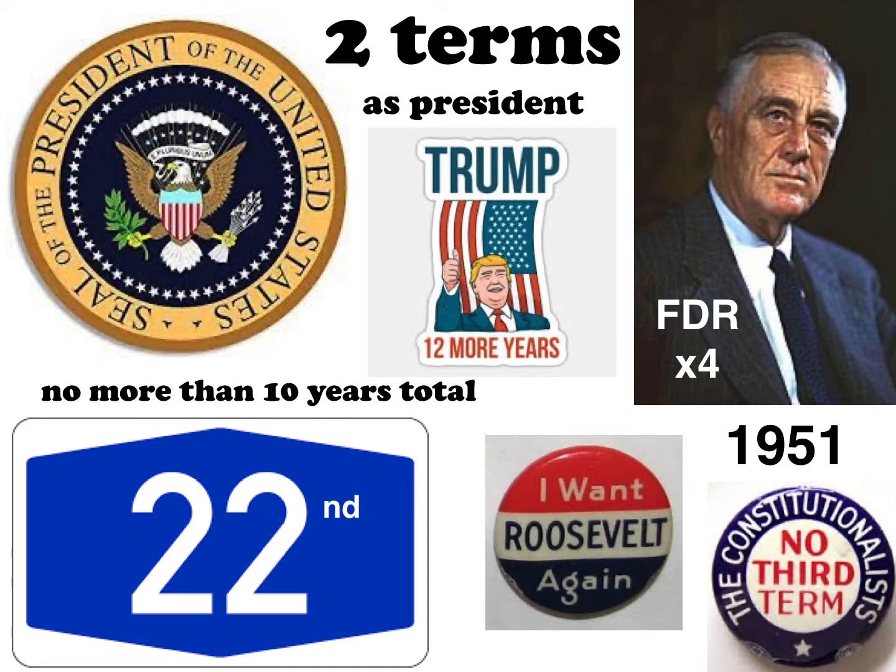But if you add it up any other way and it is greater than 10, then you can't do it. For example, if you're the vice president and after 1 year the president dies, then you take over the remaining 3 years, right? So you've been now president for 3 years. You could run for re-election, or election, I should say, and you get elected. That's 3 years plus 4 years is 7.